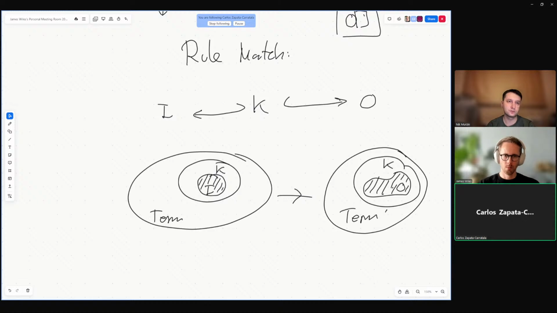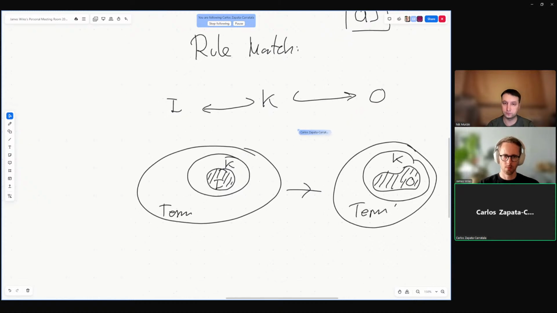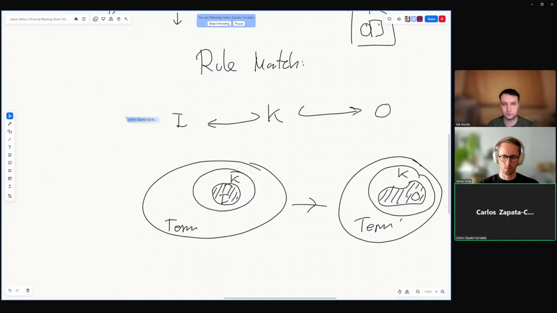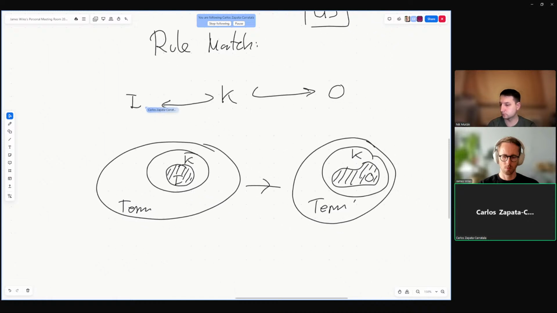The general context is just the sort of space where you're going to operate. It's kind of your workspace, so to speak. The general term is whatever is provided for computation. The context is where you will find your input. So that's where you will find your match, your rule being matched. And then the context is basically your workspace.